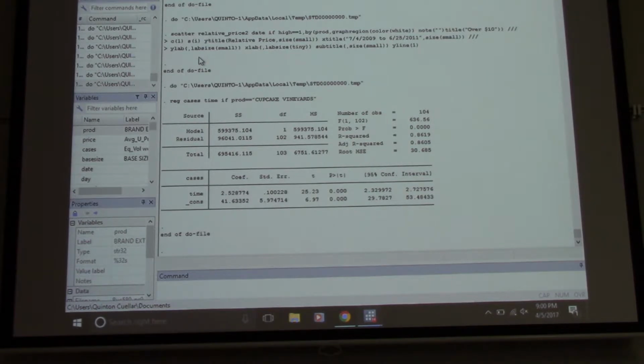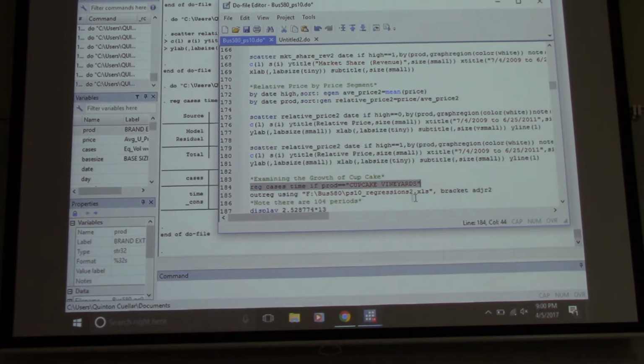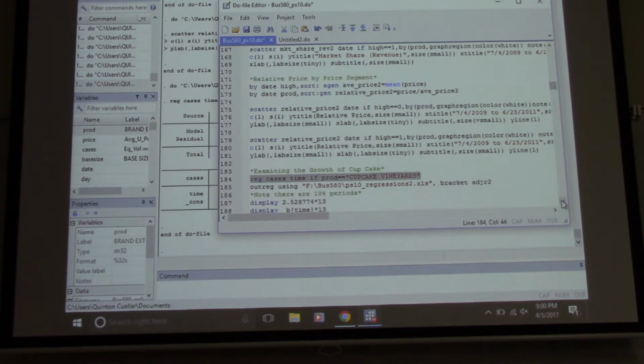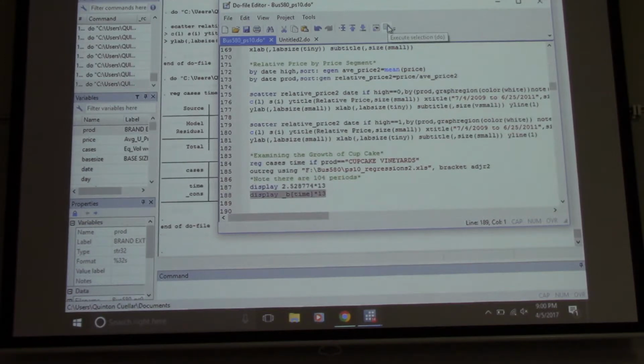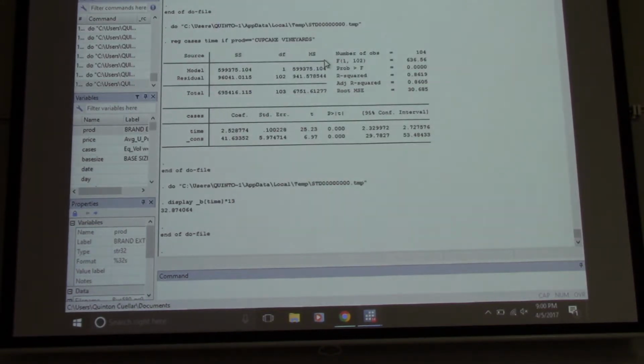Isn't it just cases are growing at a rate of 2.5 per week? Exactly. Multiplied by 13 would give us our annual. That's it. So that's exactly right. Cupcake's growing by 2.5 cases per week. On average, that's about 32 cases per year.